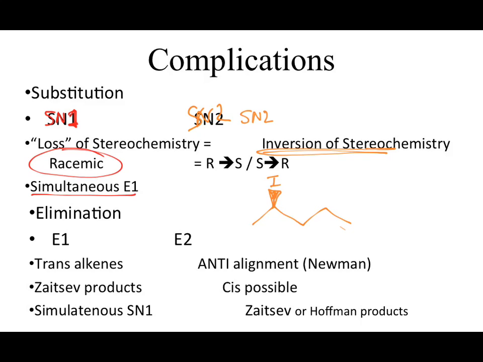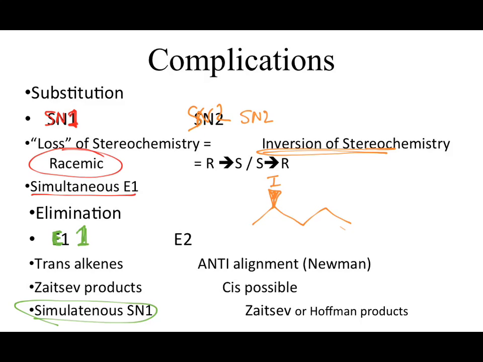When we move to the elimination reactions, the E1, I don't know why I wrote these down here as complications for our E1. Not really complications. So the E1, I would say really the only complication is that we're looking at a simultaneous SN1 reaction. That's going to be the biggest issue.